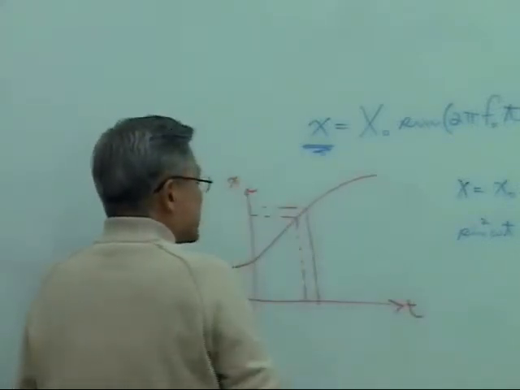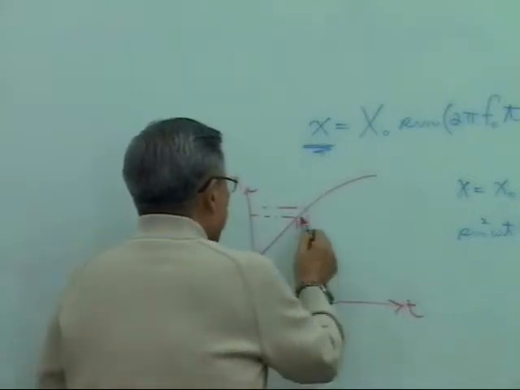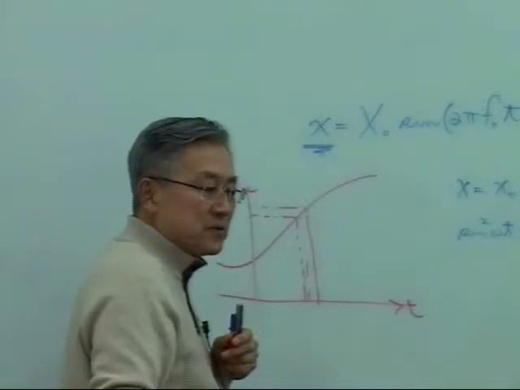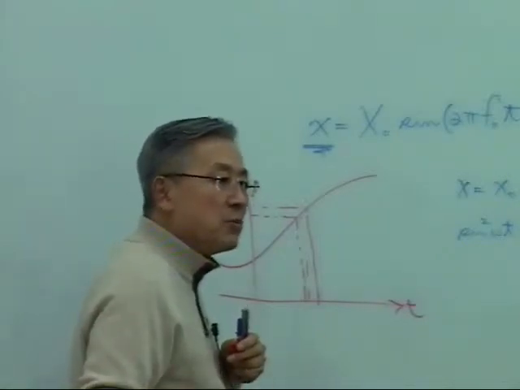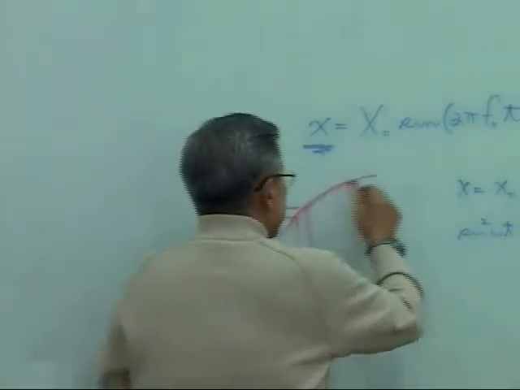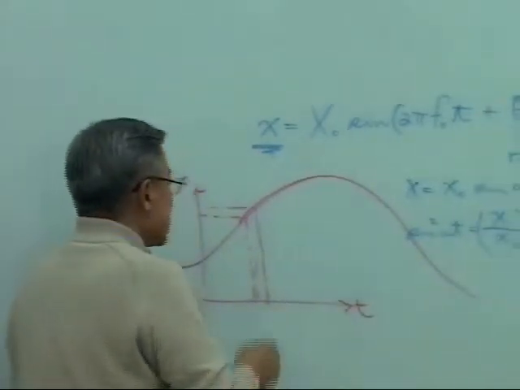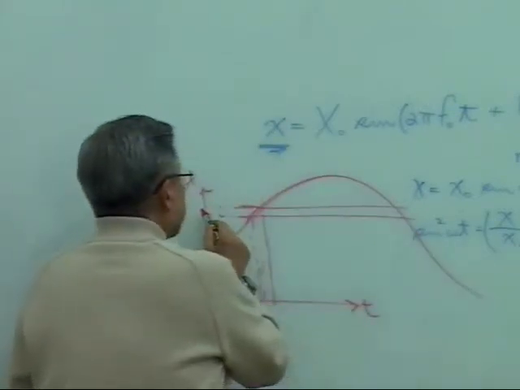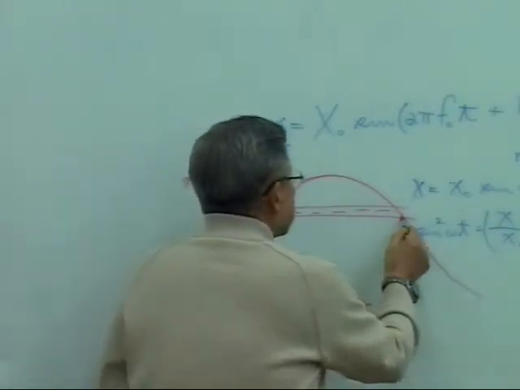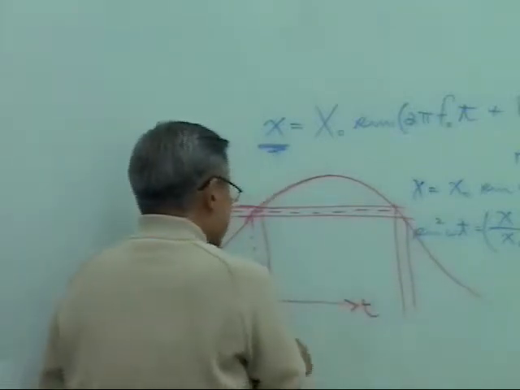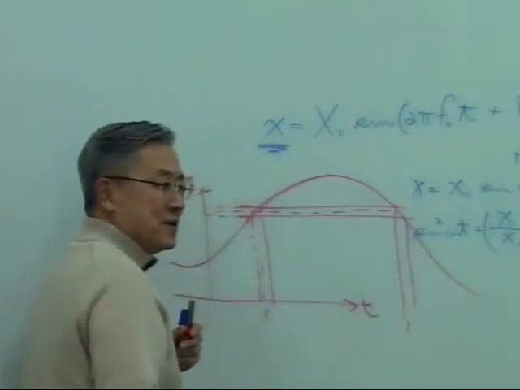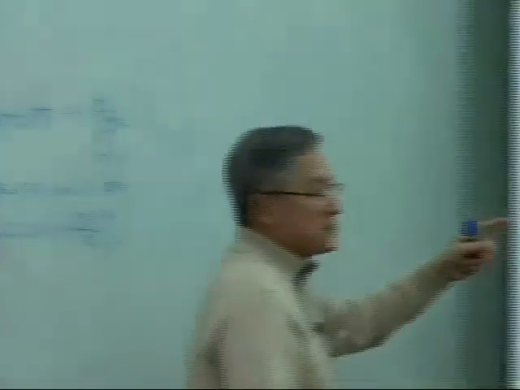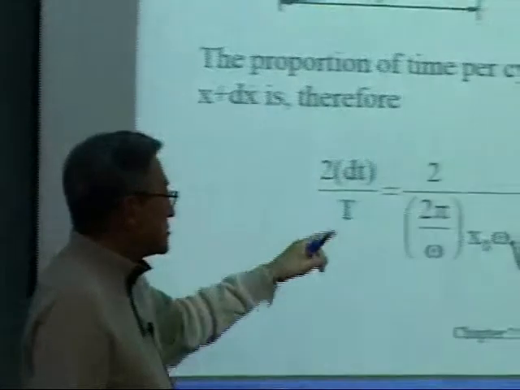This is called a single valued function. The sine function is a double valued function, because for the given value of x, it has one here, another one here. So the sine function is a double valued function.